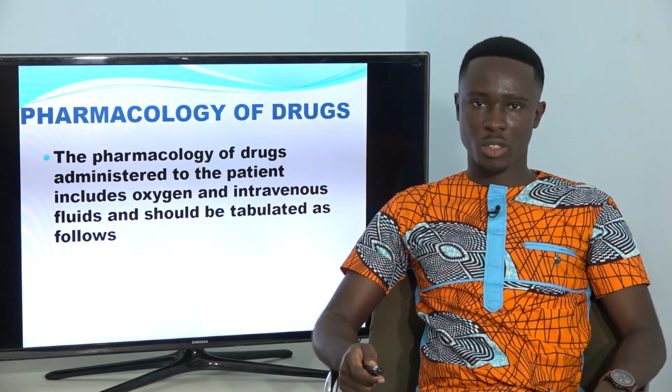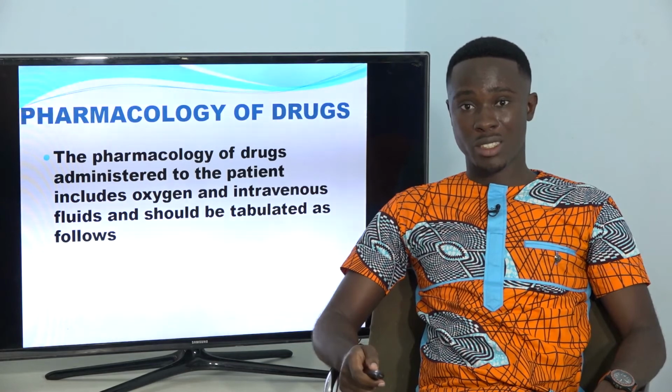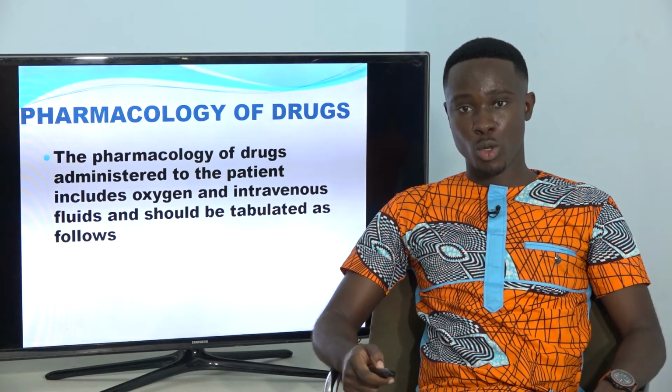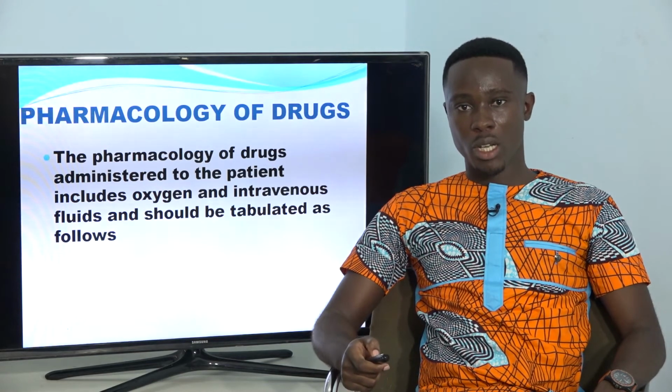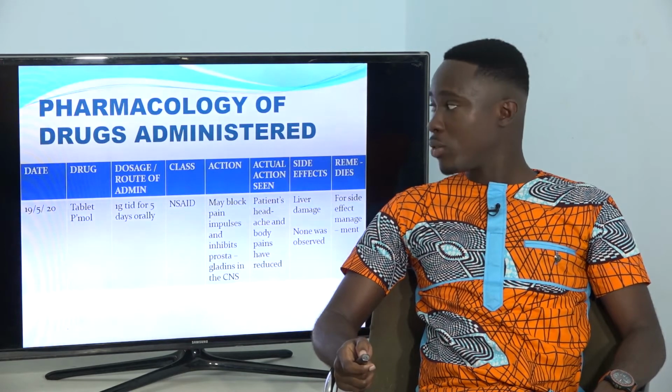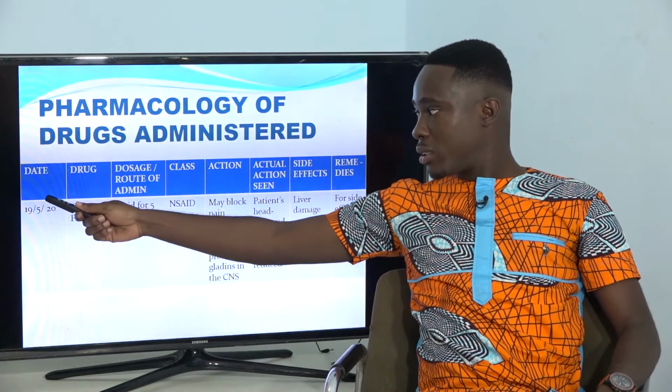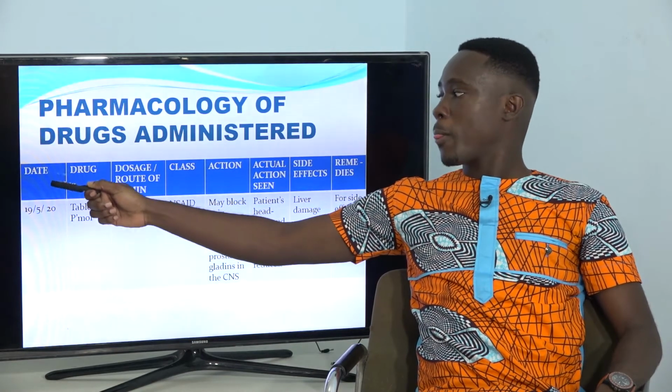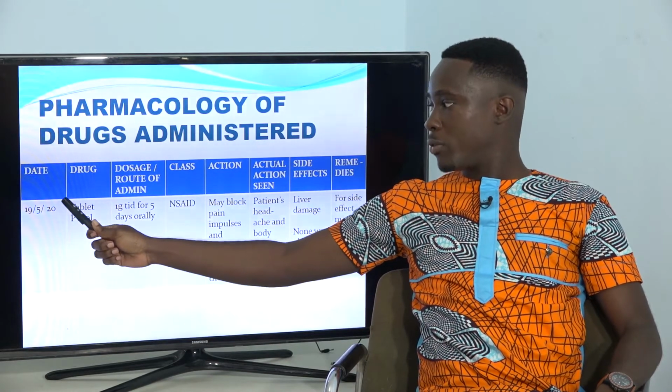So under pharmacology of drugs, the drugs administered to the patient include oxygen and intravenous fluid and should be tabulated as follows. What you see from the table here is the date. Pardon me for the shorthand.